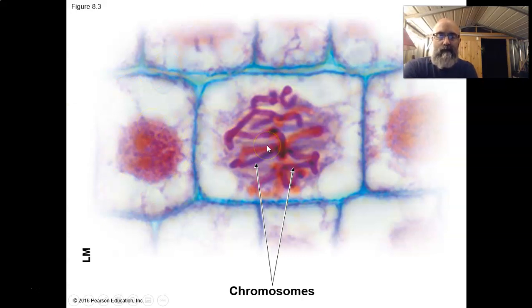Okay, the cell in the middle here, it's also the same type of plant cell, but we see a different form of the chromosome. The chromosomes here have been condensed, and this plant cell is very likely undergoing cell division, and we're going to talk about why that is.